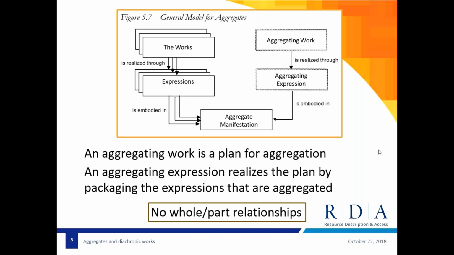And the aggregating expression realizes the plan by packaging the expressions that are aggregated. There are no whole part relationships in this diagram. The LRM is very clear on this. There are no whole-part relationships in an aggregate unless there's already a whole-part relationship at the expression or work level.